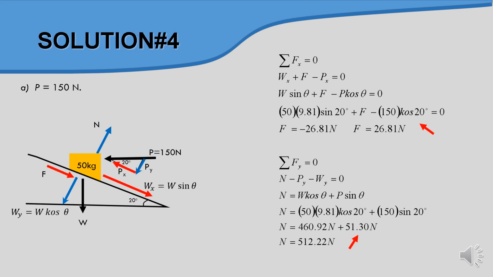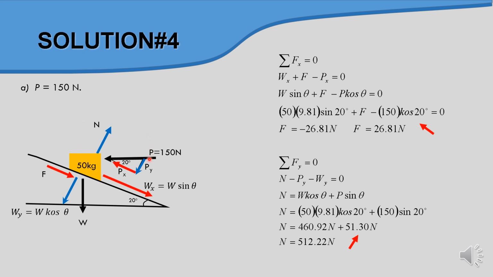So in this case, for the free body diagram, we will make something like this. So for P equal to 150, we have the triangle produced. We have Px and Py. The Px is the same as this line, and the Py is in the Y axis.